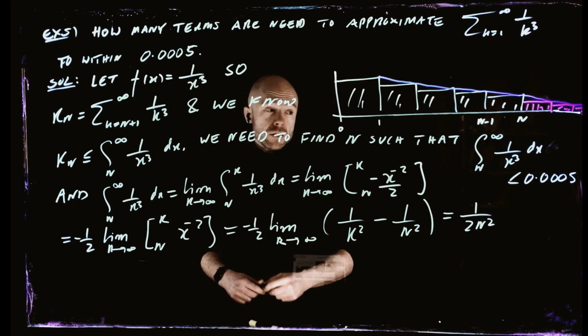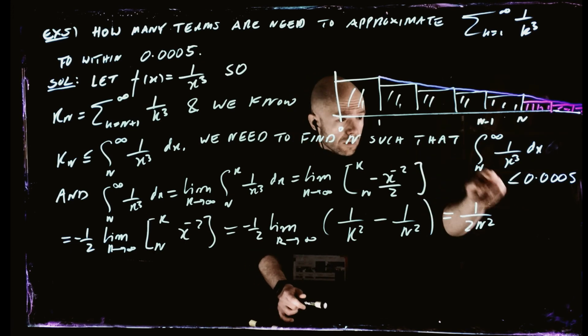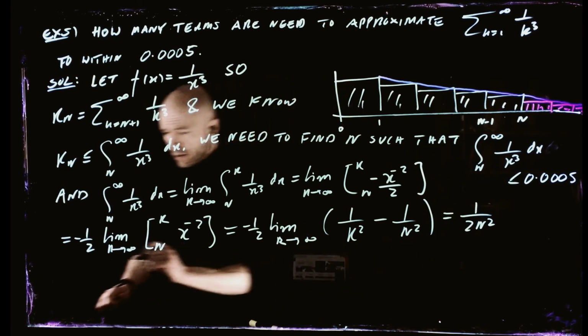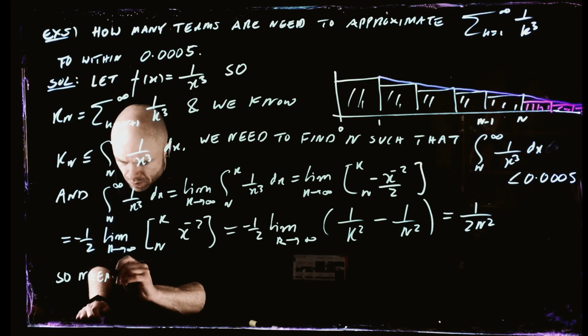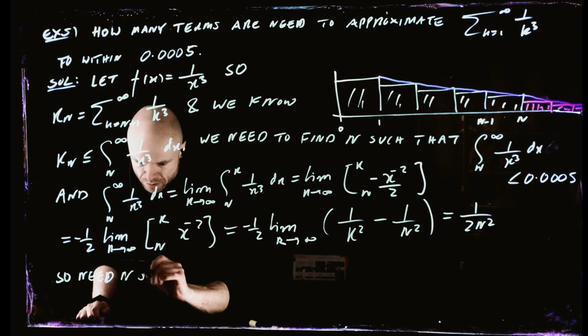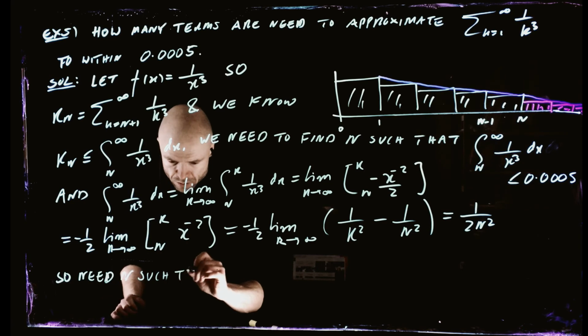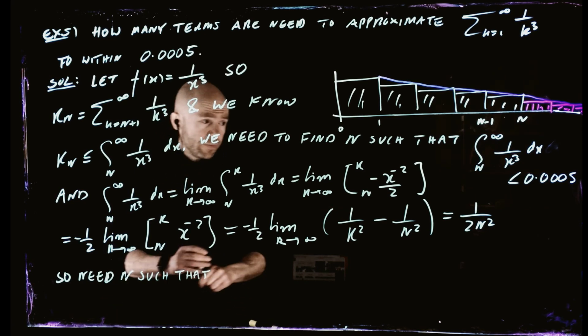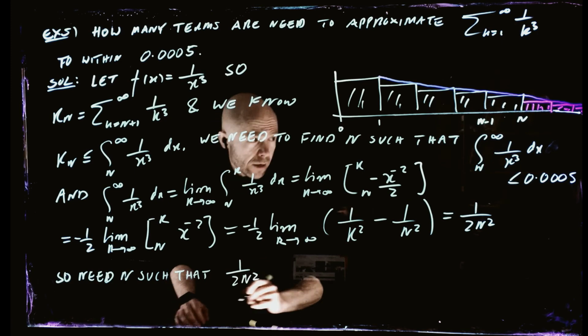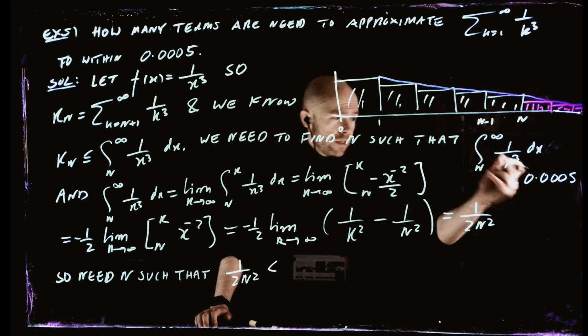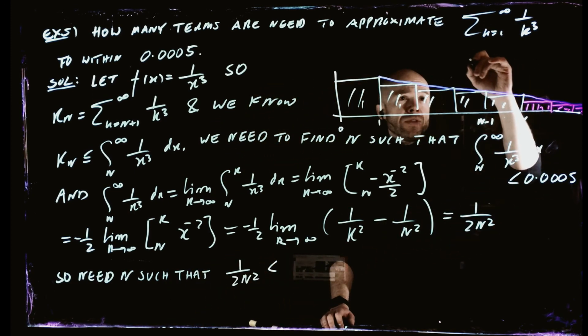So now let's rephrase what we need. We need n such that 1 over 2 n squared is less than this thing. Let's actually write this as a fraction.